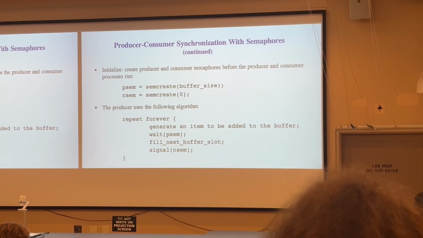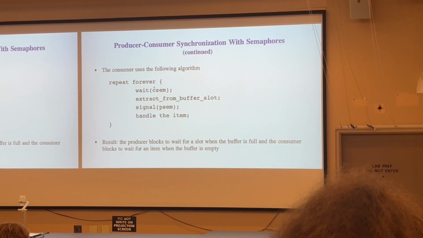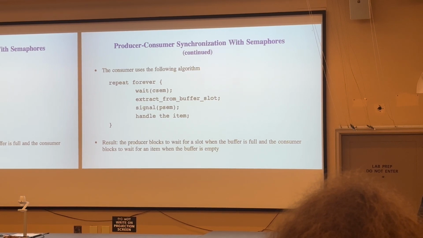Maybe you can consume some of the items. Okay, right. And the consumer is reversed, right? It waits on the consumer semaphore, meaning that it's waiting for items in the buffer. And when it extracts an item from the buffer, it signals the producer semaphore, meaning that it generates an empty slot in the buffer.